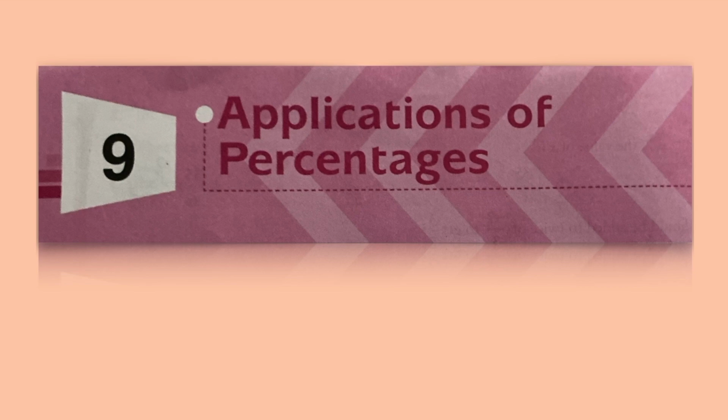Now, first, let's talk about what a percentage is. A percentage is a way to express a number as a fraction of 100. It is denoted by the percent symbol, which is commonly used to compare proportions.